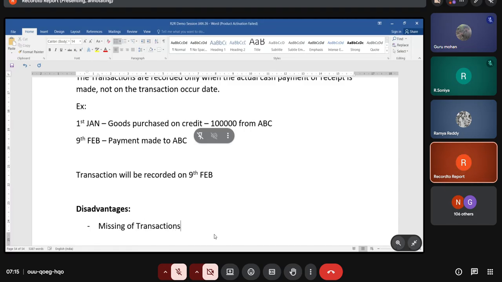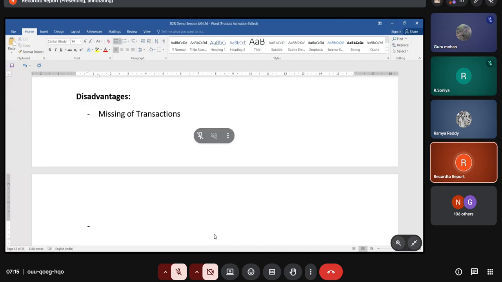And expenses are understated, giving inaccurate financial reports.